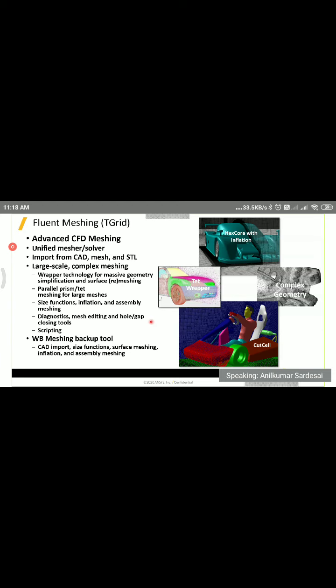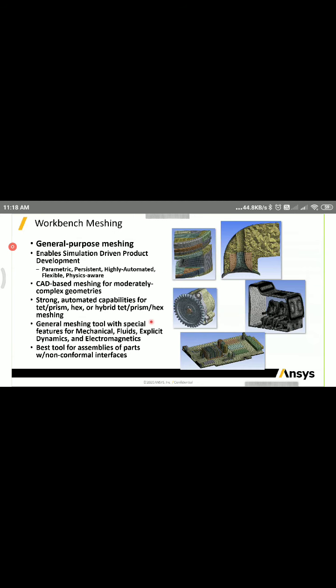Right? Similarly, you have the Workbench meshing, as I told, it is for your multi-physics cases, where you will be dealing with a mix of elements. It can be hexahedral, tetra plus hexa, only tetra prism, or only hexa. Different products may have different requirements. Within FEA, it can be non-linear problems, linear, acoustic problems, multi-body dynamics and so on.